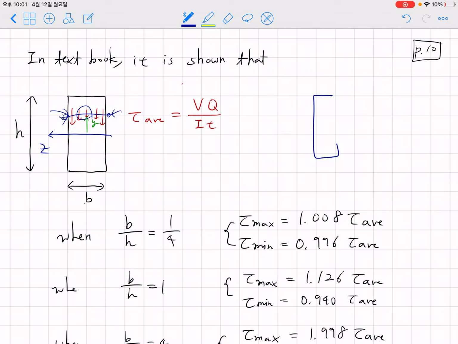So when you have a rectangular cross section and consider that the thickness is b and the height is h, this is the cross-section view.